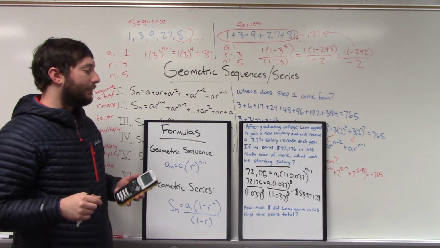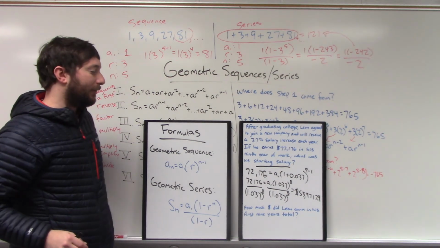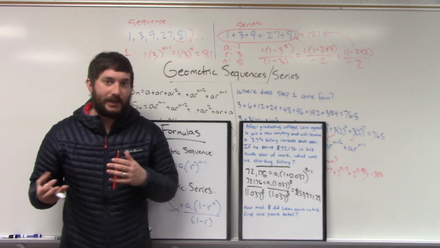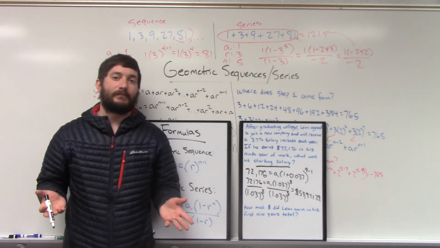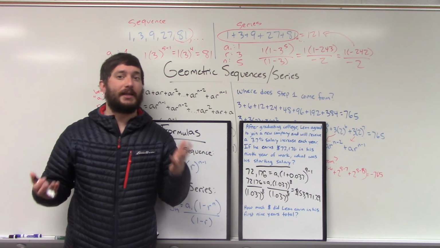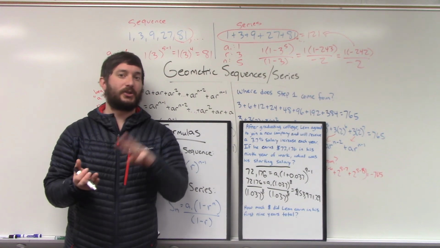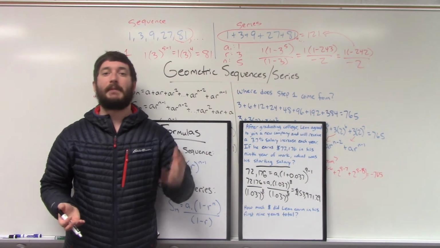So what we're going to do next, and that was like part 1 of a part 2 problem, we're going to think about if Leon saved all his money, okay, from year 1 to year 9. That's when he's starting to add everything, right? That would be a geometric series problem. He takes his year 1 salary plus year 2 plus year 3. He's saving all that money.